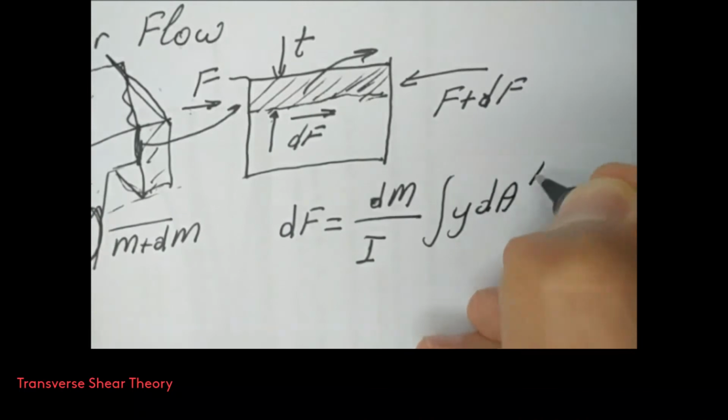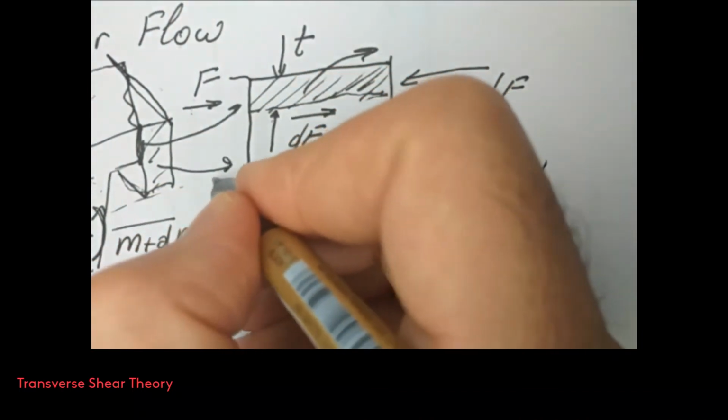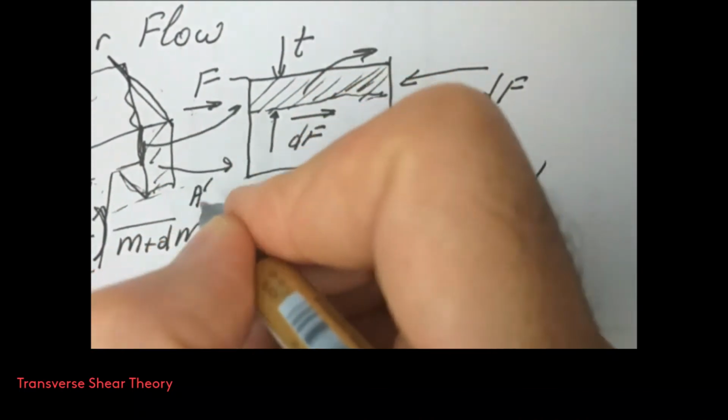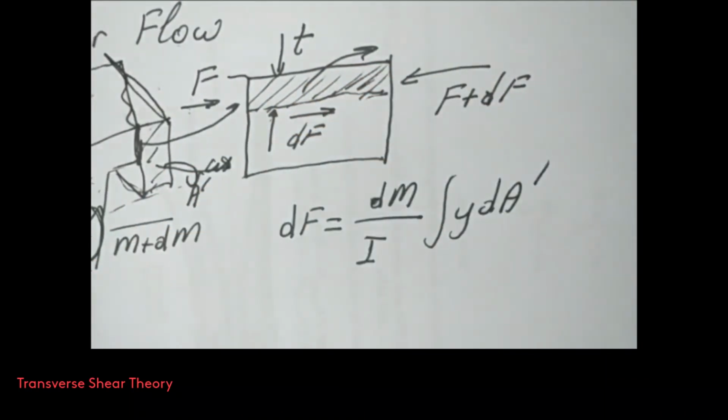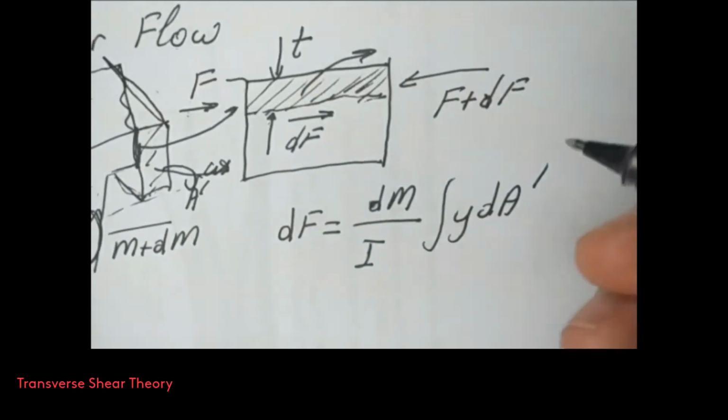So dA prime is the area here. This is A prime, this area. So this is y dA prime. This is the area of this cross section. Okay, so this is our expression.